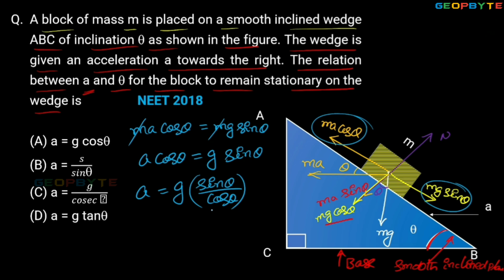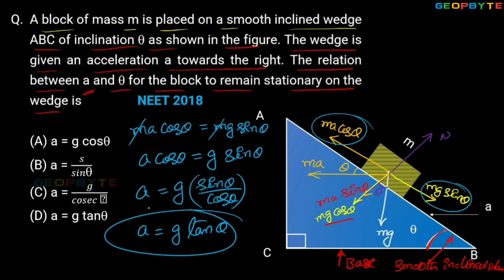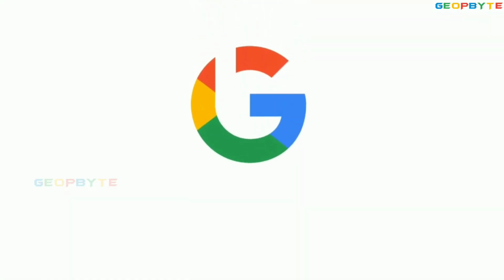As you know, sin theta by cos theta equals tan theta. Acceleration equals g tan theta. That is the relation between the acceleration and the angle between the base and plane. Look at option D. Option D is absolutely correct. Understood clearly? Yes.